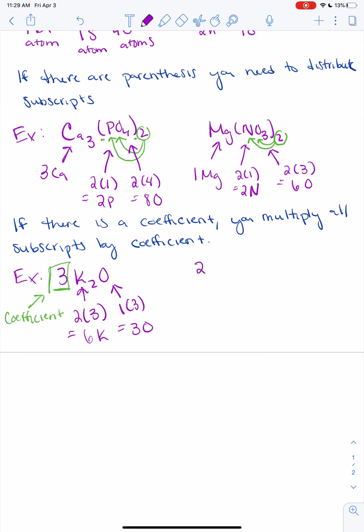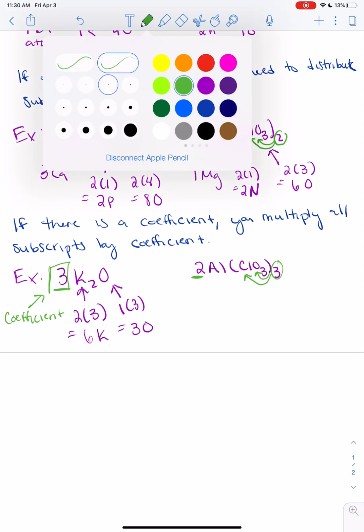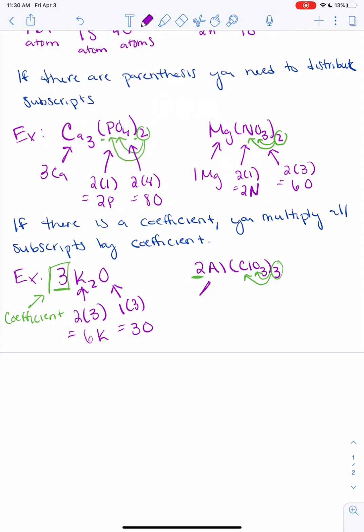Let's say we have 2Al(ClO3)3, aluminum chlorate, okay? If we have 2 of them, our coefficient is this 2, and we also have to distribute the 3. So this is going to be slightly more complicated. Starting with our aluminum, it would have been 1, but we have to multiply by 2. So we get 2 aluminums. Now we go to chlorine.